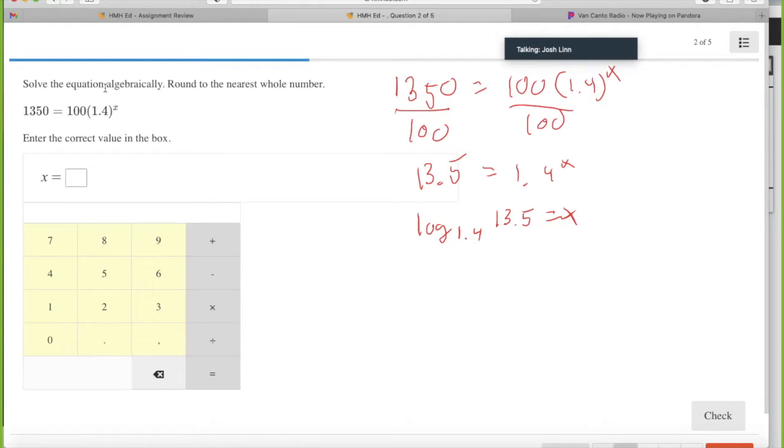Okay, so my calculator, we're pretending, can't do log base 1.4, so we're going to use the change of base property of logarithms to change it to log base 10.